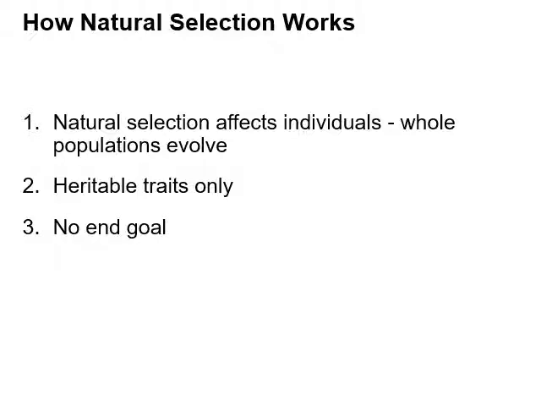Another really important thing about natural selection is that it's not as if it has an end goal. So it's not as if natural selection is striving to make this perfect animal or this perfect plant. All it is really doing is just taking the variation that exists and shaping it so that that animal or plant works best with its environment.